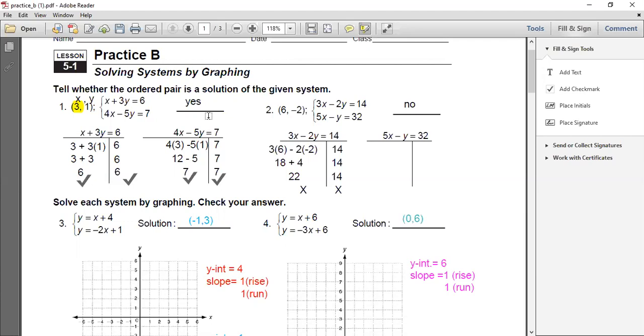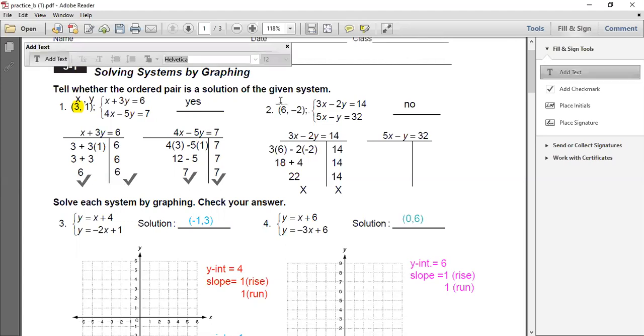Moving on to question number 2, x is 6 and y was minus 2. Using these two values, we will find out whether the given pair is a solution for the equation or not.